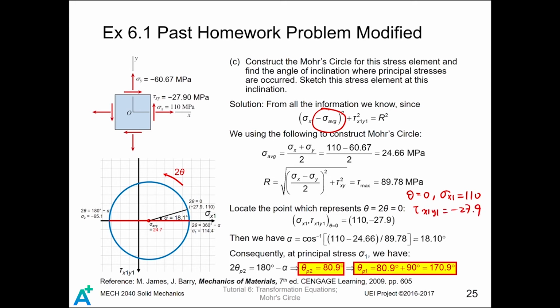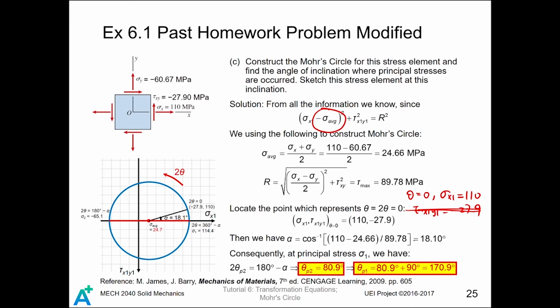So by using this Mohr circle, we can also verify that the shear stress we found in the previous part is correct. First, suppose we don't know what tau x1y1 is. Then we locate a point on the Mohr circle where sigma equals 110 MPa.